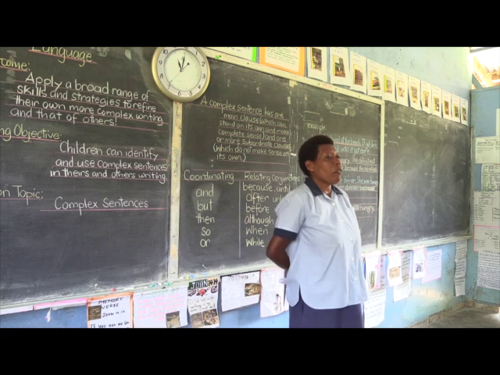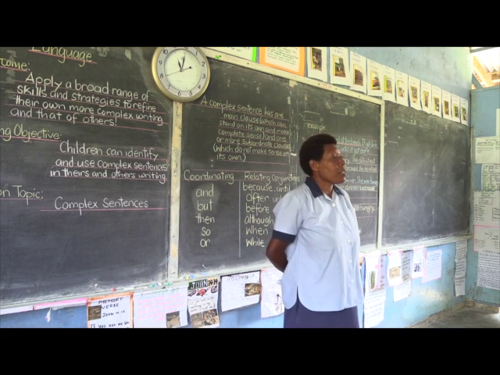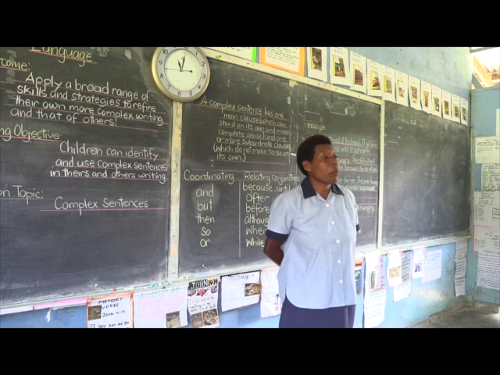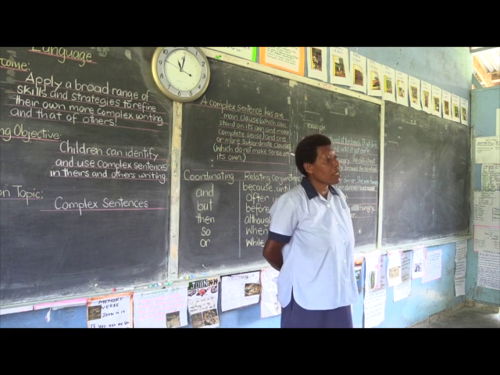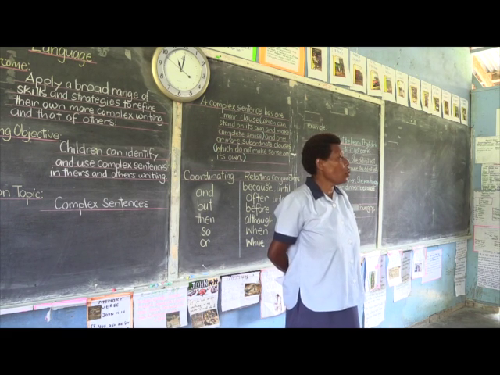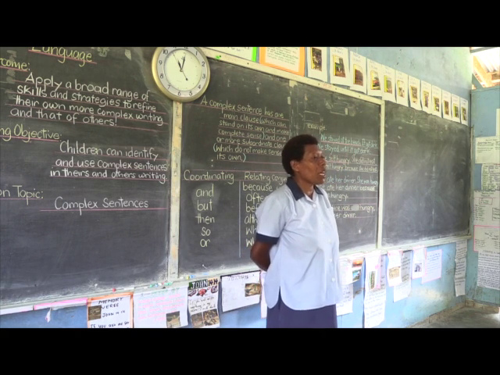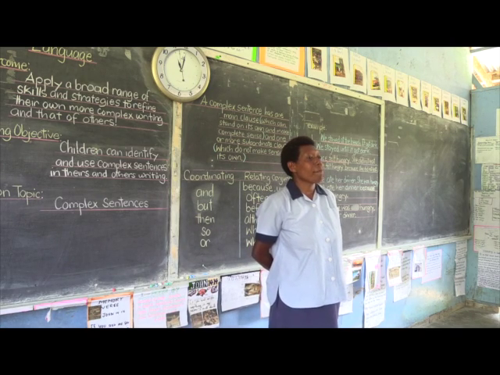Right. I believe you have written some of your sentences, complex sentences, beginning with relating conjunctions. Have you? Good. Can I have some of you to read out your sentences, please?